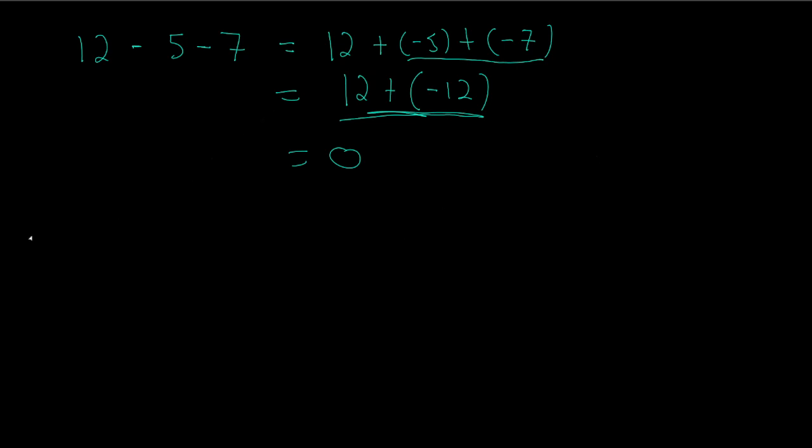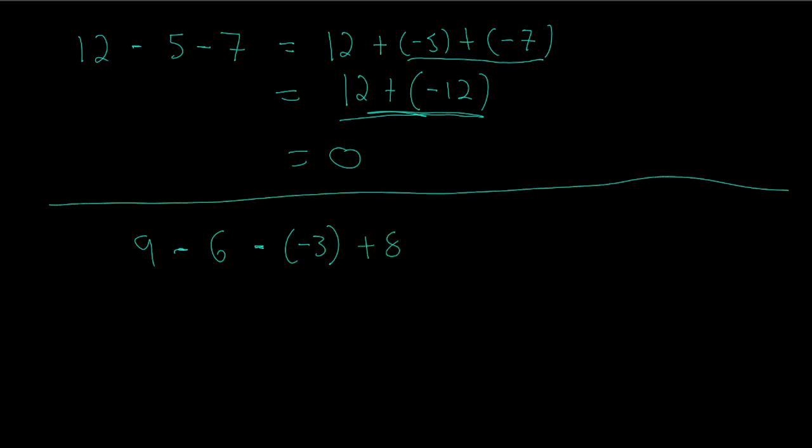Can also do a longer chain. So I have 9 minus 6 minus negative 3 plus 8. Let me draw a line to separate these two problems. I'm going to do the same thing: convert my subtractions into additions of opposites. So this is equal to 9 plus the opposite of 6 plus the opposite of -3 plus 8.